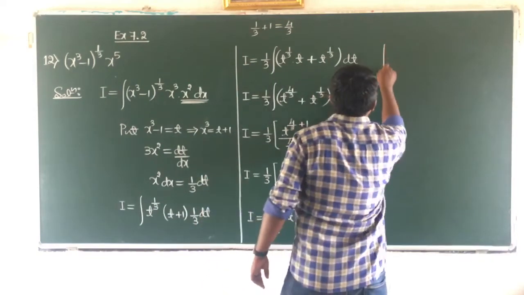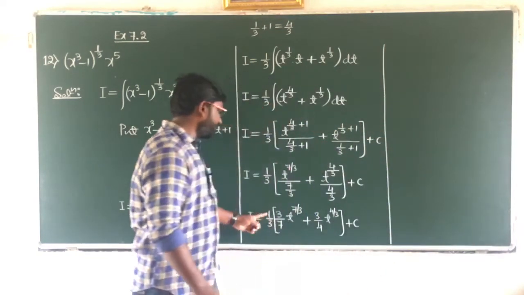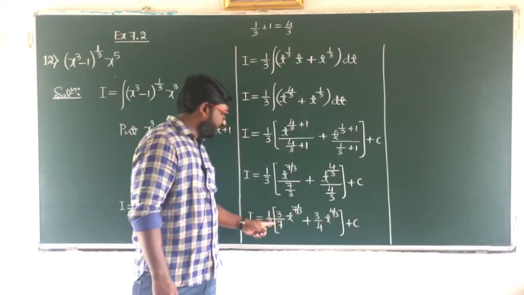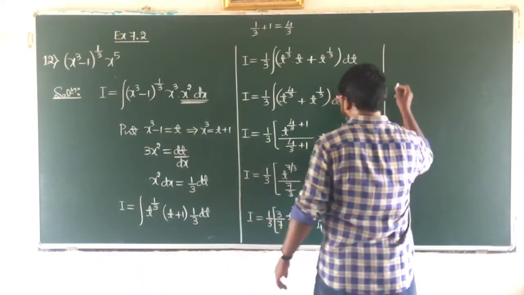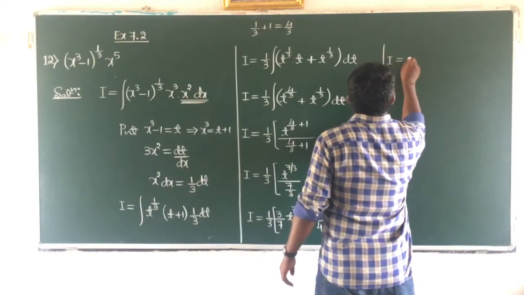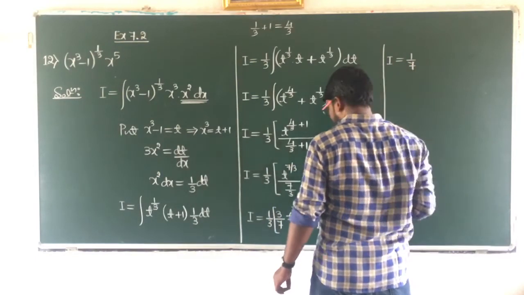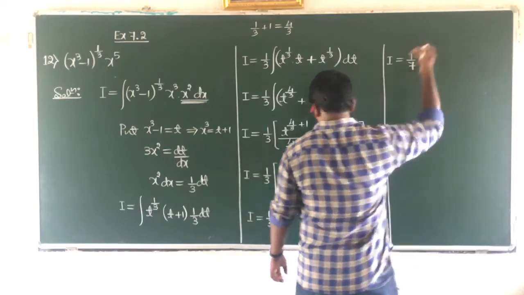In the next step, if you multiply this 1/3 with these two terms, the 3 cancels in both the terms. So we get I equal to 1/7 t^(7/3).